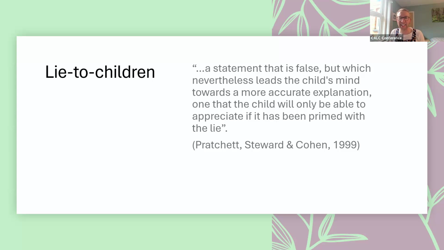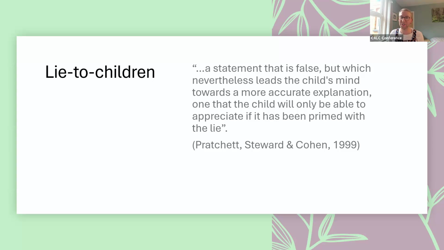But this neat term that they give does really express what a lot of education is. So when we're teaching, it's natural to want to simplify the ideas to an appropriate level for the learner. And when we do so, we often knowingly impart information that we know is inaccurate.